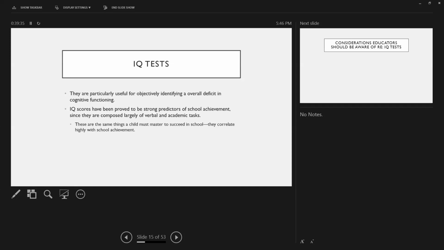This seems pretty reasonable because they're composed largely of verbal and academic tasks, the kinds of things we're asked to perform when we're in school. And so it correlates highly with school achievement. It might not be the same thing as school achievement, but generally people who do better on an IQ test tend to do better in school in terms of achievement.